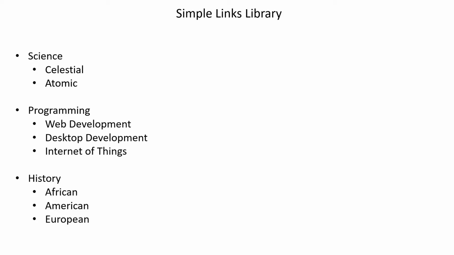Okay, so our simple library for now will simply contain three main categories: science, programming, history, and then a few subcategories or subtopics underneath them: celestial, atomic under science, these three under programming, web development, desktop development, and then Internet of Things, and then under history, African, American, European.